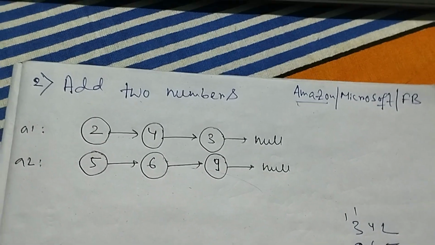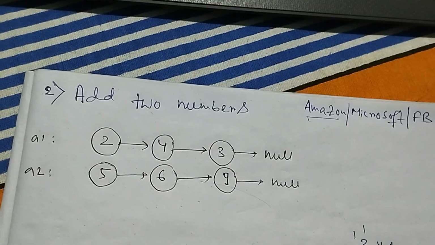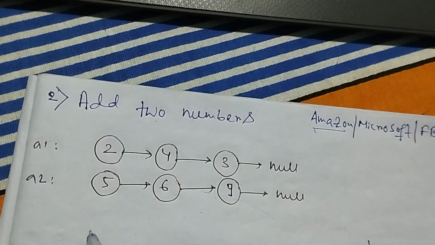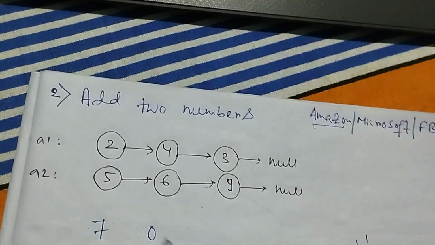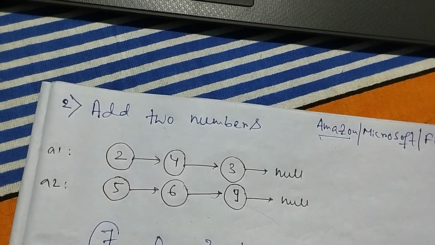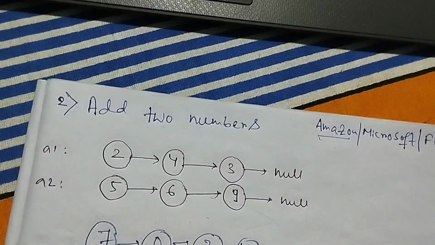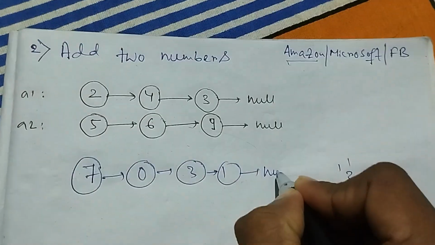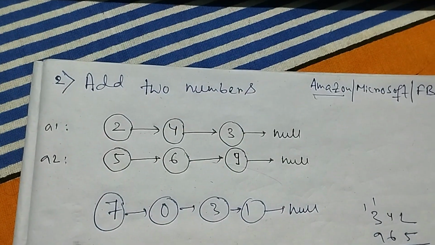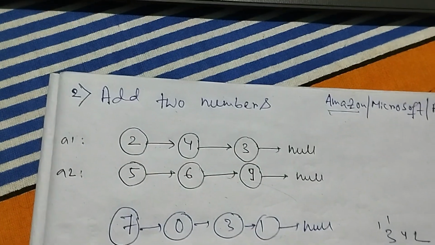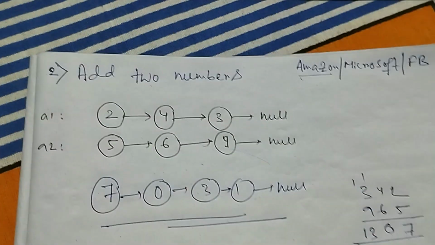This is the answer, and they want us to return a linked list like 7 0 3 1. This will be our result linked list they wanted.